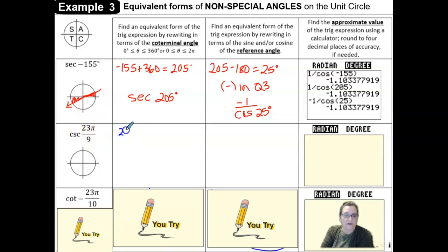And if we double that denominator, 1 lap around the circle would be 18 pi over 9. So we're going to rotate clockwise 1 revolution, which will subtract 18 pi over 9 from 23 pi over 9.